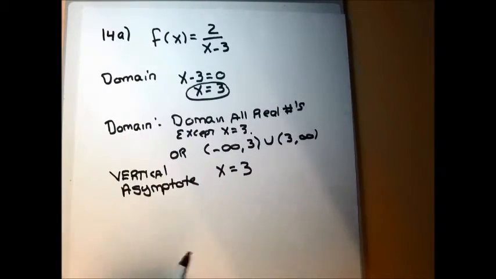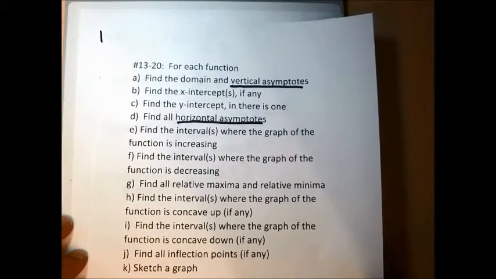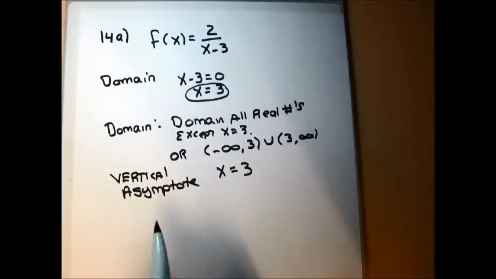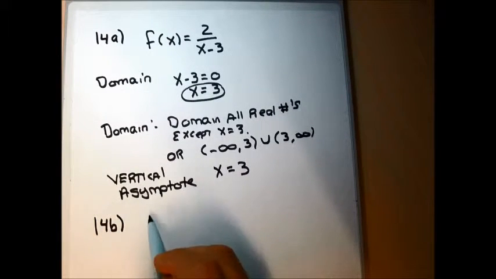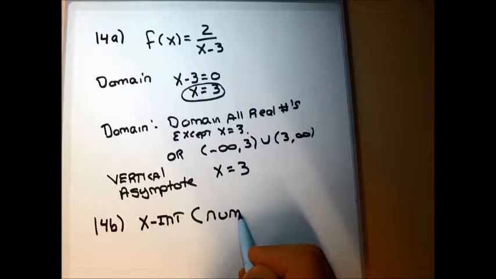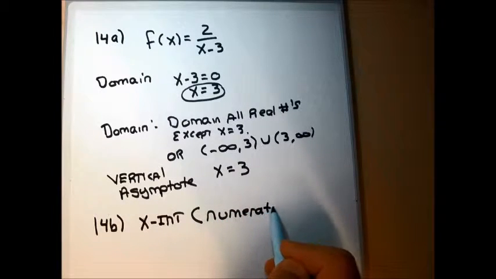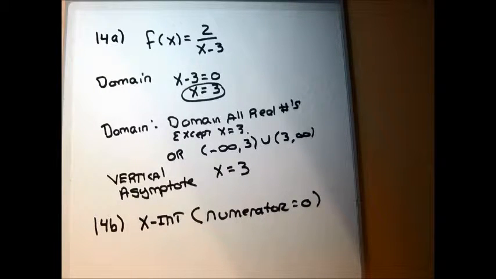Part B wants me to find an x-intercept. And to find an x-intercept of a fraction, it's enough just to set the numerator equal to 0. So for part B, for a fraction, the x-intercept can be found by setting the numerator equal to 0. You can actually set the whole equation equal to 0.